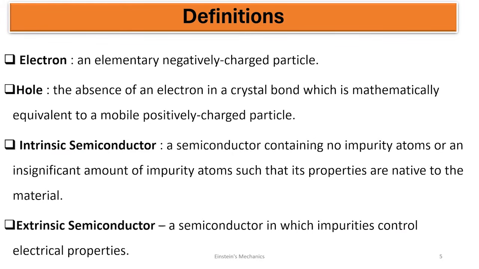And we also have to get used to these terms. We are going to talk about electron, and when we talk about electron, we are talking about a negatively charged particle. So in our studies, anytime that we mention electron, we are talking about the negative charges. Are you okay?